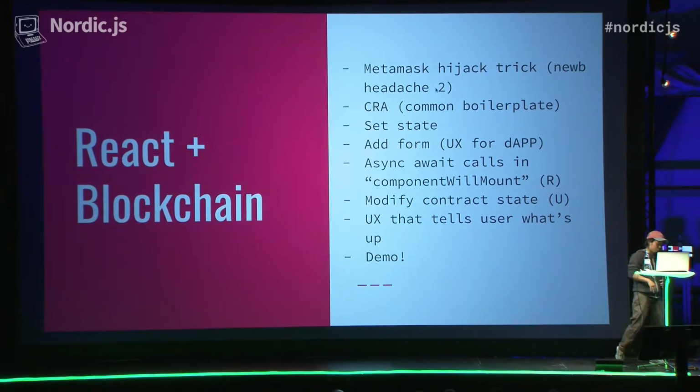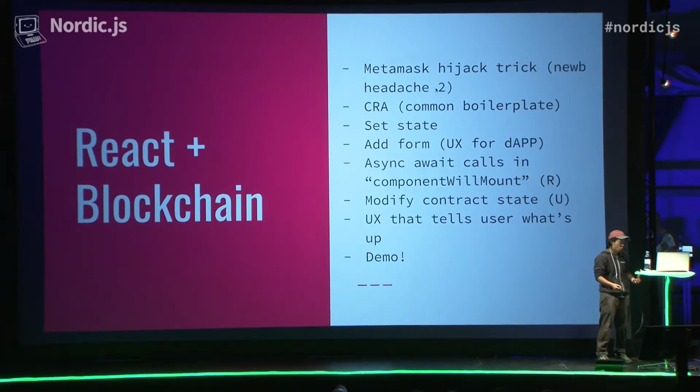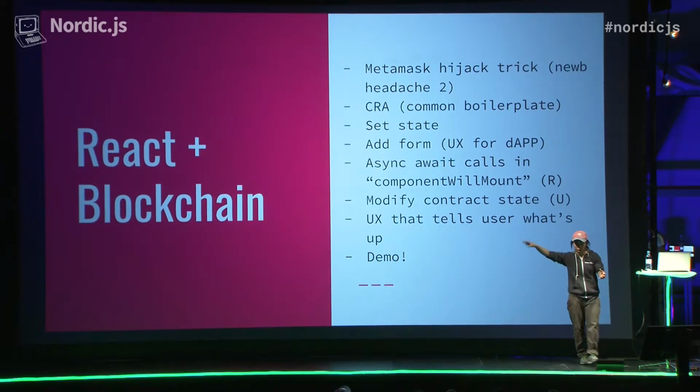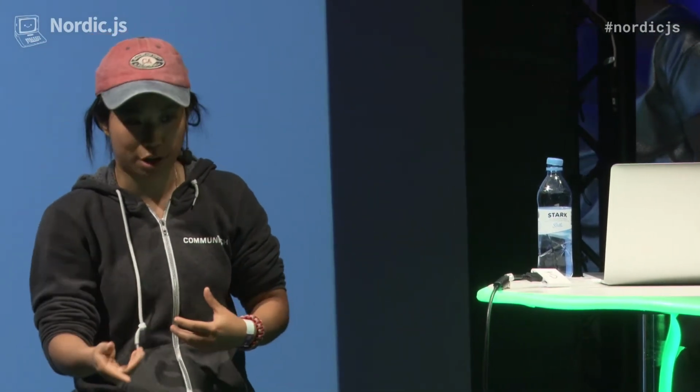So the things that we need to do to make it work with your own custom front end is that we need to do this MetaMask hijacking trick. Remember how I was saying that Web3 needs a provider to talk to the actual blockchain? Making that provider setting is sometimes very tricky for beginners. But MetaMask always injects a Web3 version into the browser. And I can prove that to you in a second.